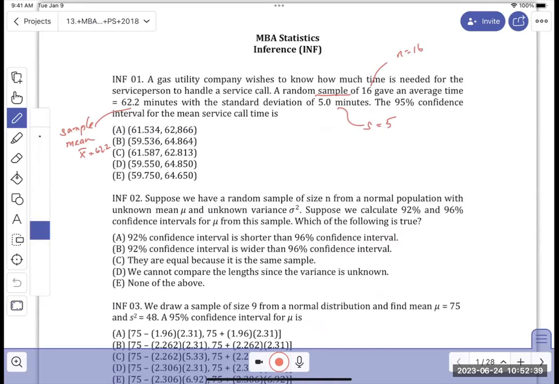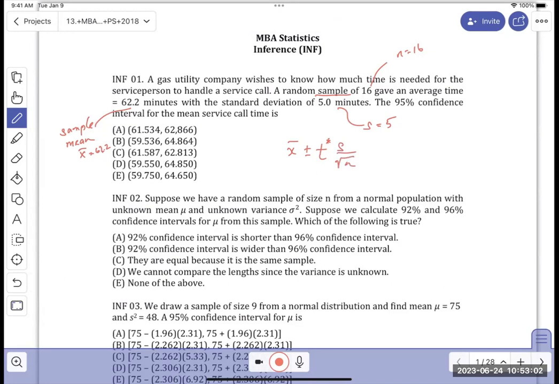So I'm going to calculate, it's asking for the 95% confidence level. So you do X bar plus or minus Z star is 1.96. Not Z star. I'm going to put the formula down because I just messed it up. So T star and then S over root N. That's the confidence interval.